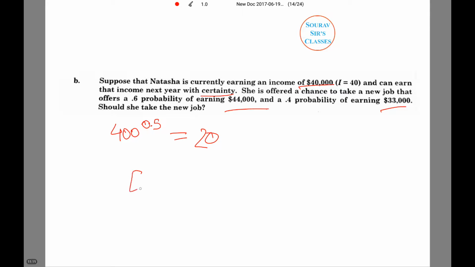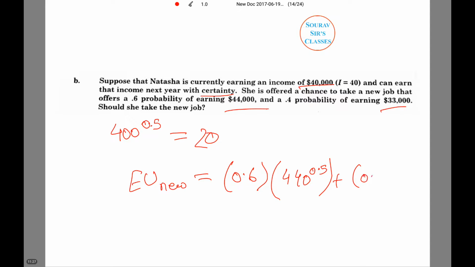Now the expected utility of the new job can be figured out, which is equal to 0.6 times 440 to the power 0.5 plus 0.4 times 330 to the power 0.5, which is equal to 19.85. That is less than 20.